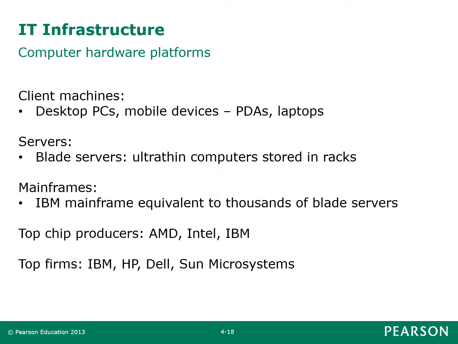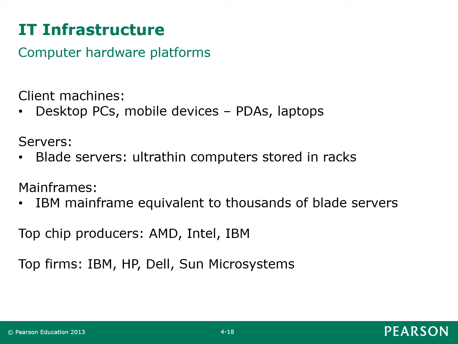So, the first one, the computer hardware platform, that is pure hardware. So we have hardware as desktops, client machines, and servers. It could be a normal desktop with powerful resources like powerful CPUs, main memory and huge storage, or a blade server.